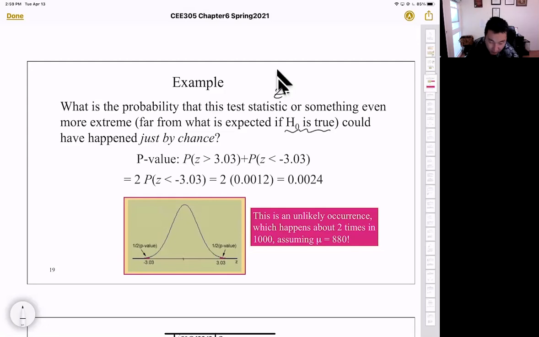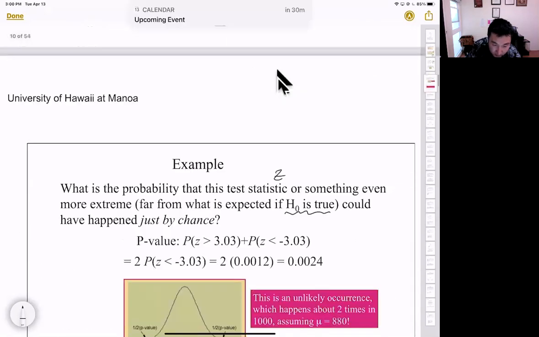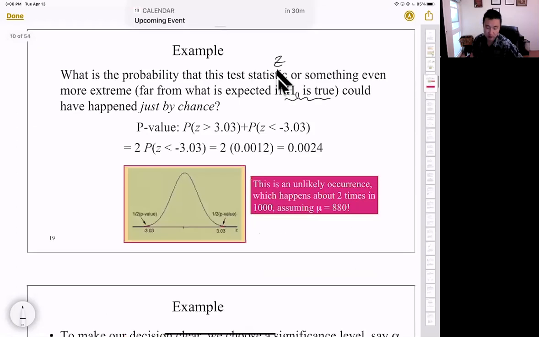Because the Z-score is minus 3.03, the p-value will be for results as extreme or more extreme than minus 3.03, including the left-hand tail and right-hand tail.